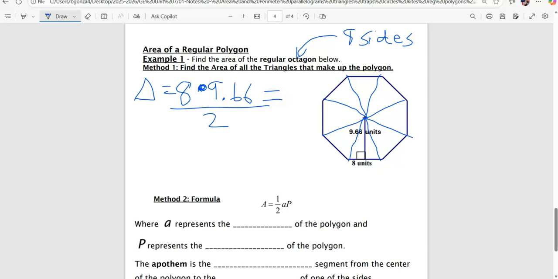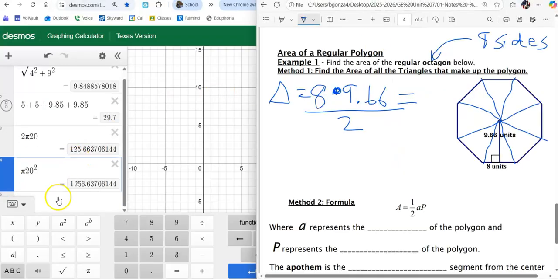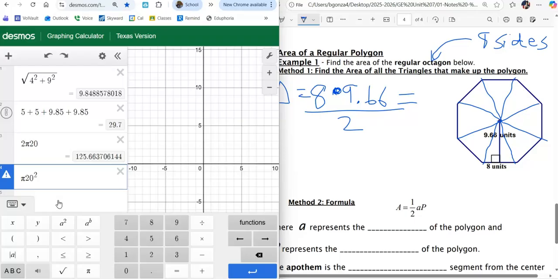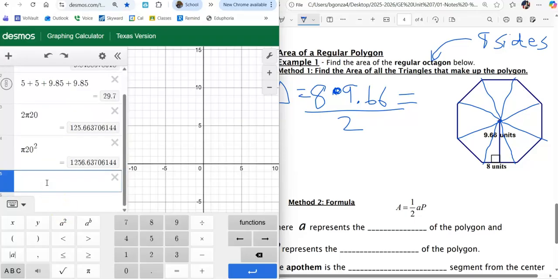We cannot forget to divide by 2. Okay? 38.64.